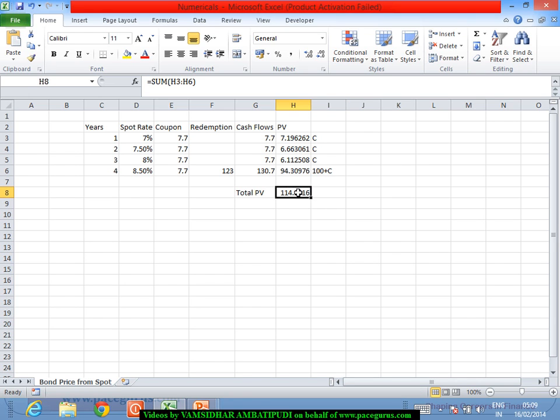That is what we call the par yield. Instead of having a coupon of 7.7, I want to decide on this particular coupon, and a redemption value of par value only.